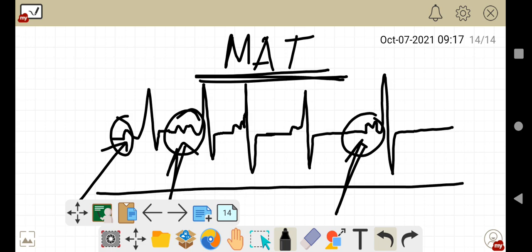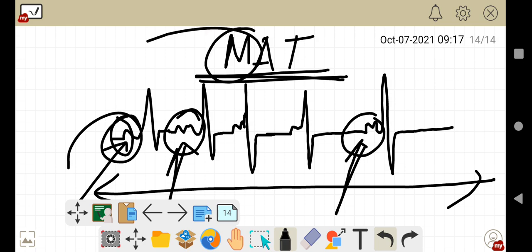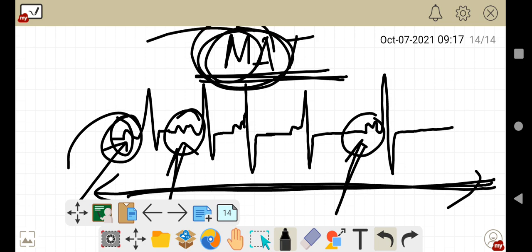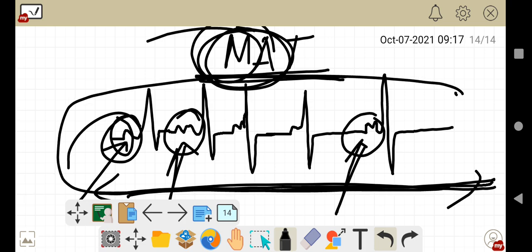There are different types of P waves in the entire ECG. That is multifocal atrial tachycardia. This is how we diagnose multifocal atrial tachycardia, right?